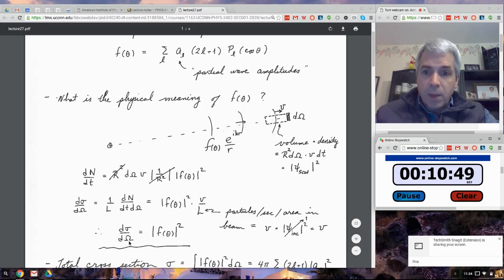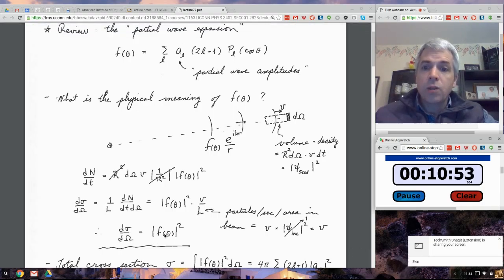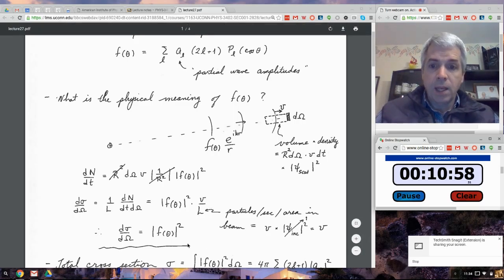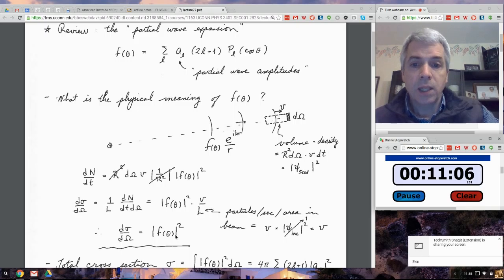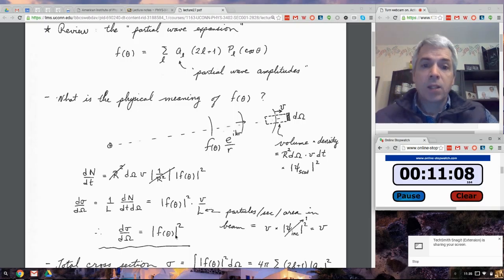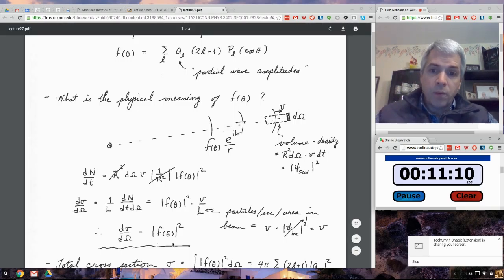Notice this. d sigma d omega is just the scattering amplitude squared. So in terms of physical units, f of theta is a directly measurable quantity once you square it. So at least its modulus, not its phase immediately, is a measurable quantity. We're going to find out later that its phase has a different significance.